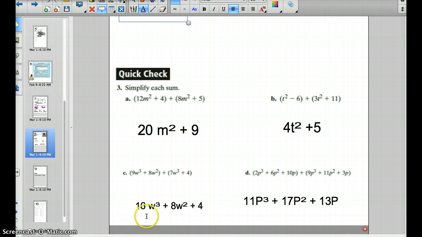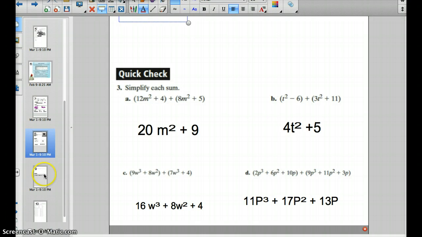In C, we end up with 3 terms, so it's going to be a trinomial, and because we have a degree of 3, we could call it a cubic trinomial. Watch your signs here. And then in D, again, we've got a 3-term polynomial, so it's going to be a trinomial, and the degree here is going to be 3rd degree or cubic.